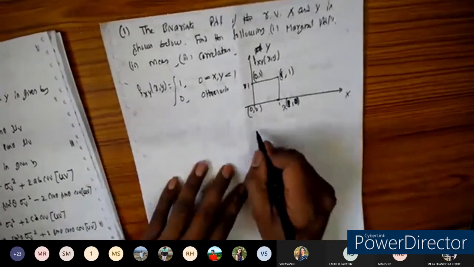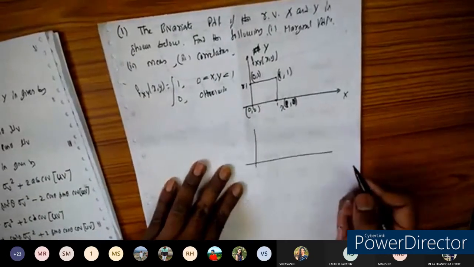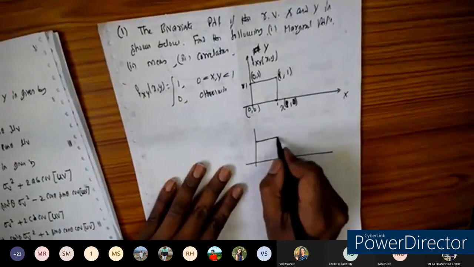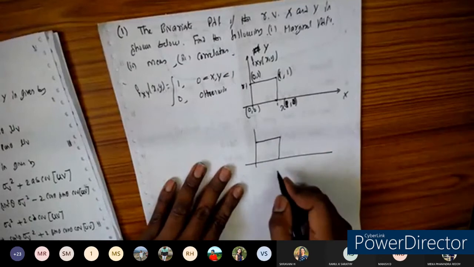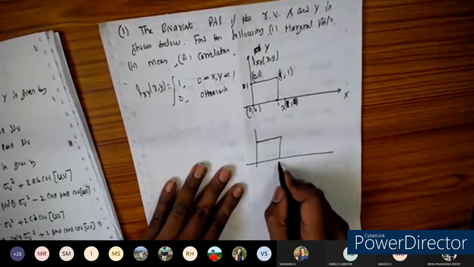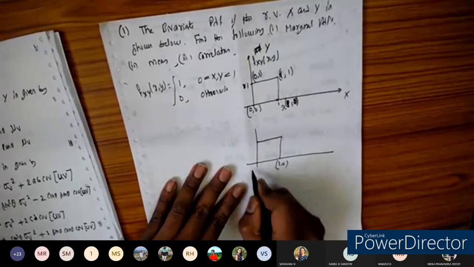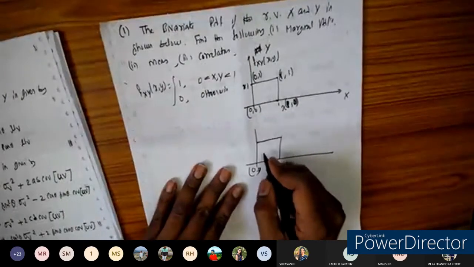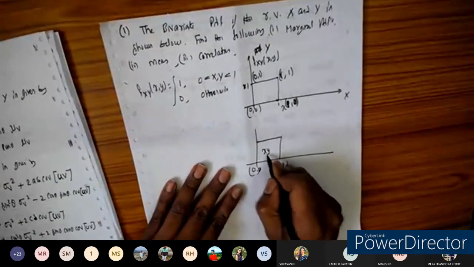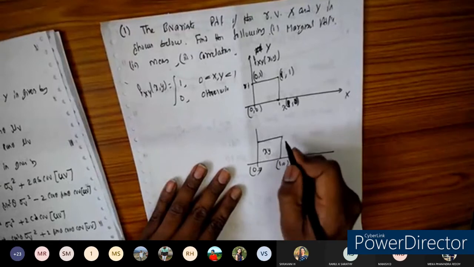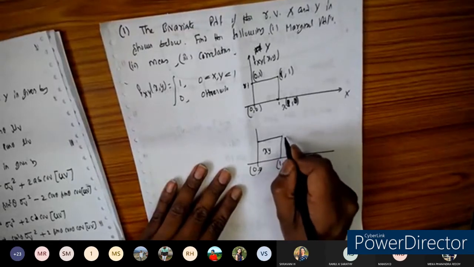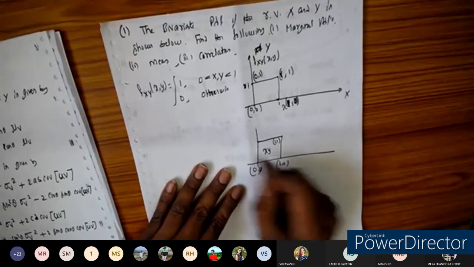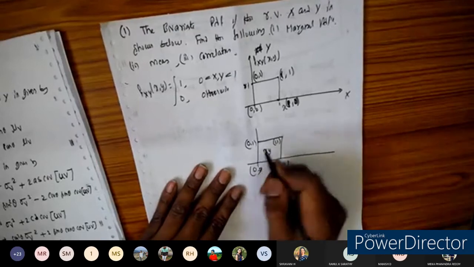Except this quantity, for example, if I redraw this, this is 1, 0, this is 0, 0, and this is the product of x and y. Based on that, it will be defined here. This is 1, 1, and this is 0, 1.